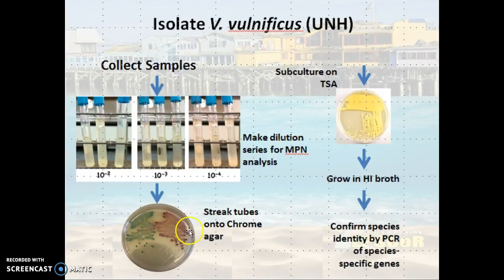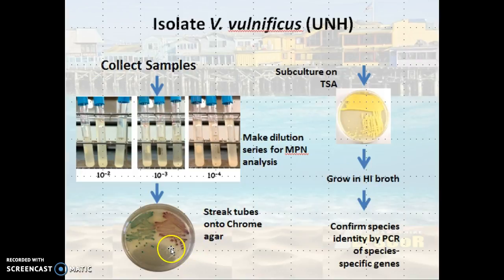Now from there, you streak the positive tubes onto a kind of agar called CHROMagar, and it's got a color indicator, and so it will show you whether or not you have Vibrio vulnificus or whether the Vibrio is something else. And it'll allow you to separate strains one from another based on color and the colony morphology.